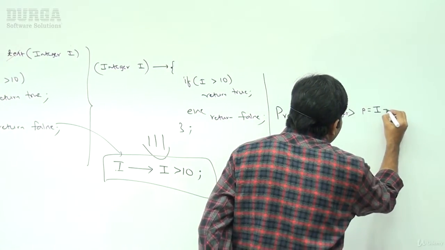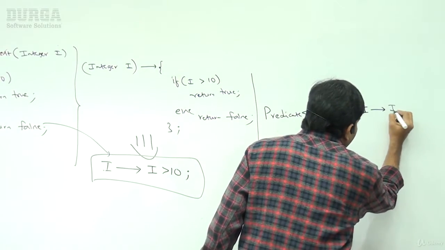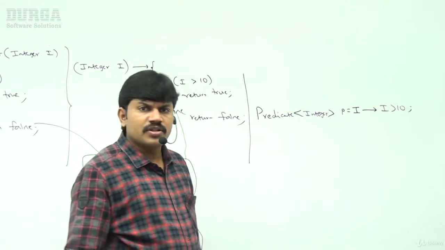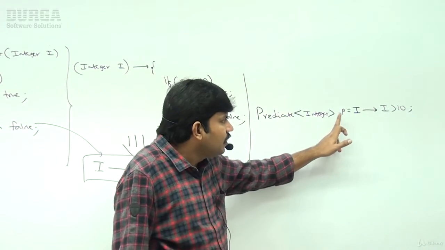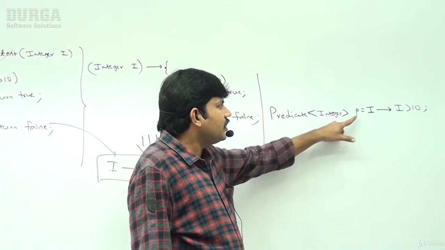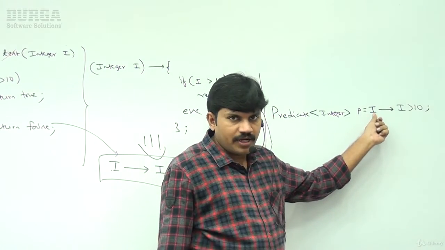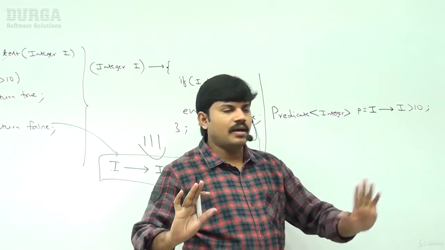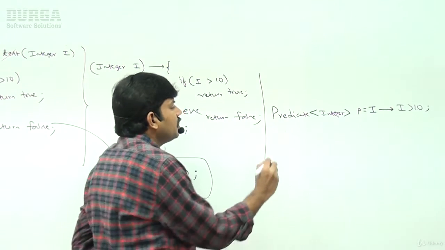It will take some i value as input and check whether it is greater than 10 or not. So it's a predicate. This predicate can take i as the argument and it will perform the condition i greater than 10 or not. How can I call this one? Very simple.